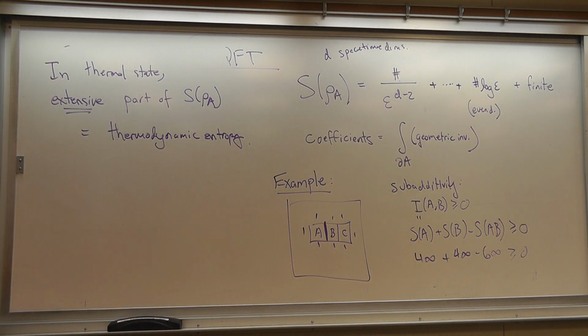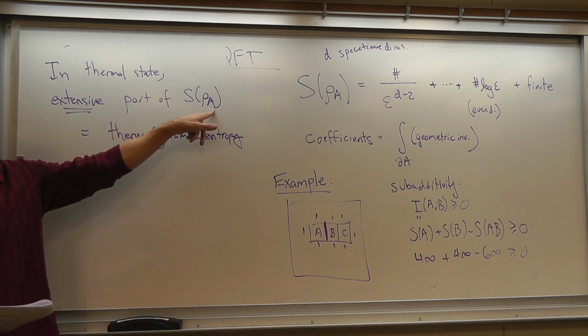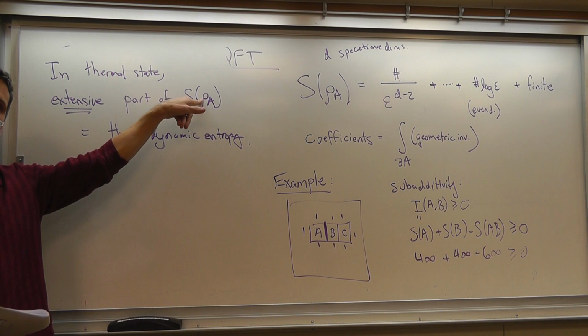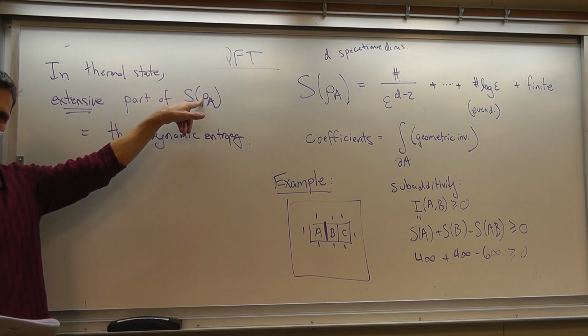Shouldn't the whole thing be the thermodynamic entropy, S of rho A? No, this is a fine-grained entropy. But you said that for thermal states, the von Neumann entropy was equal to the thermodynamic entropy, and this is a thermal state. That would be true if you talked about the whole system.